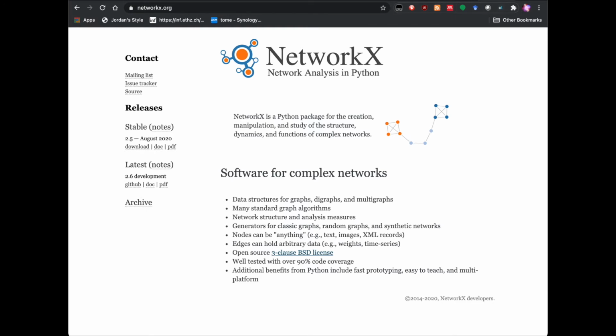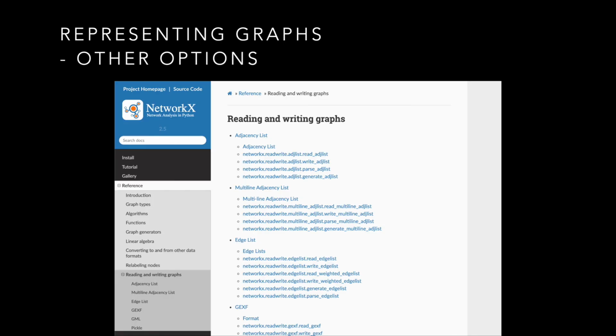There are a number of different libraries for working with graphs. NetworkX is a really popular one for Python. There are ones for R, and numerous other languages. If you want to look at a number of different kinds of representations of graphs, you can check out NetworkX's list of reading and writing graphs.